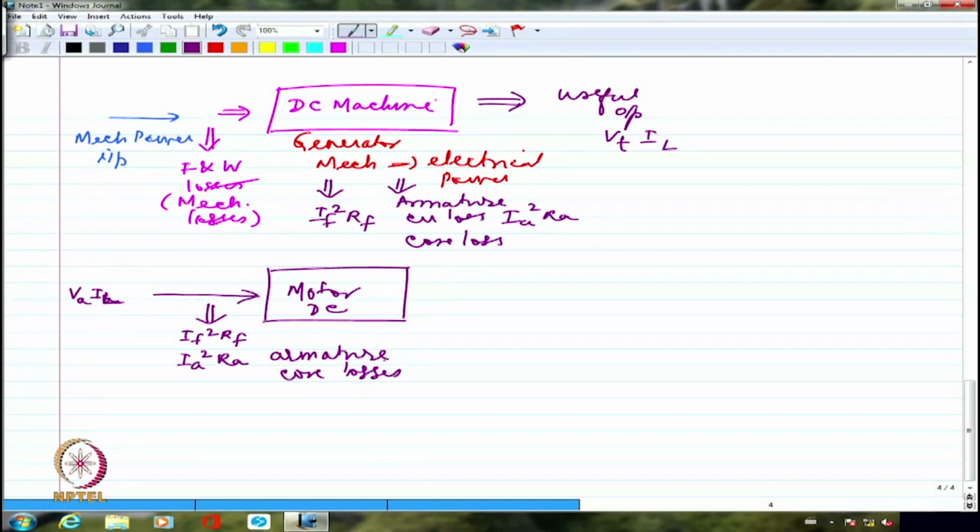So these will definitely be lost as losses after I give a certain amount of power to my machine in the form of electrical power, right?